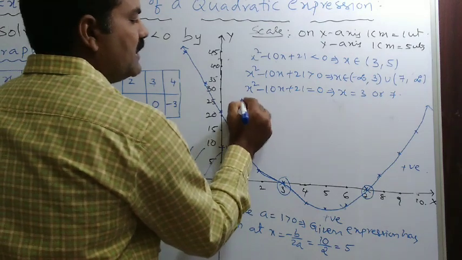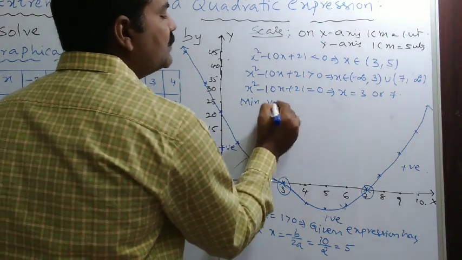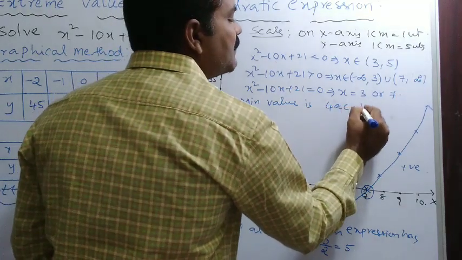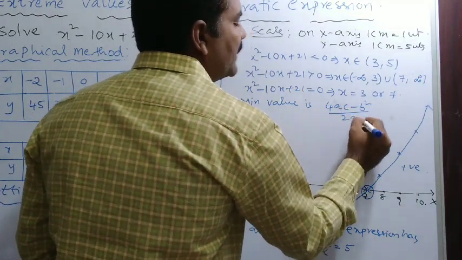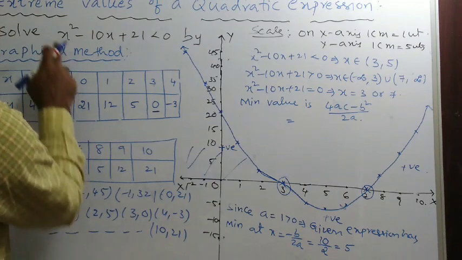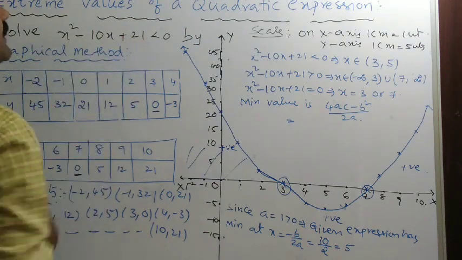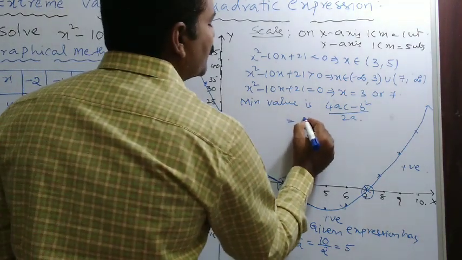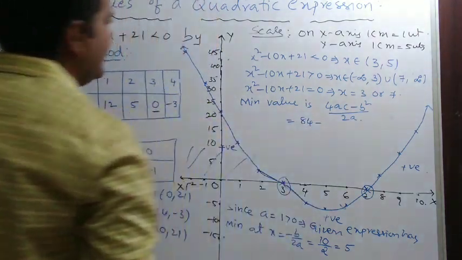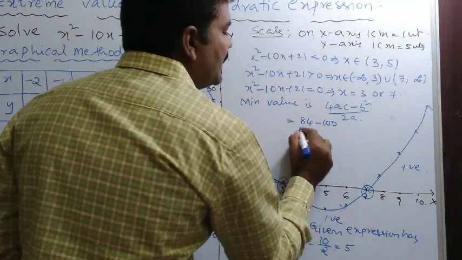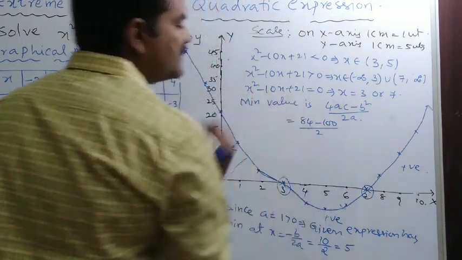Let me solve it here. Therefore the minimum value is 4ac minus b square by 2a. If you simplify this, 4 into a into c, 4 into 1 into 21, 84, minus b square value 100, entirely 100 by 2a value is 2.